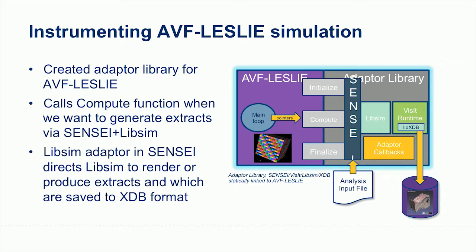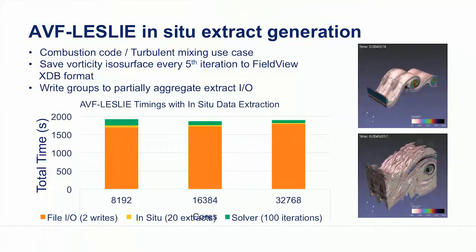After the fact, he's gone and done these beautiful renderings. And those actually appeared on like the website of Supercomputing, I think in 2016, just like everywhere, those images were shown. So this is about the performance of the in situ extract generation and a little bit about AVF-LESLIE.